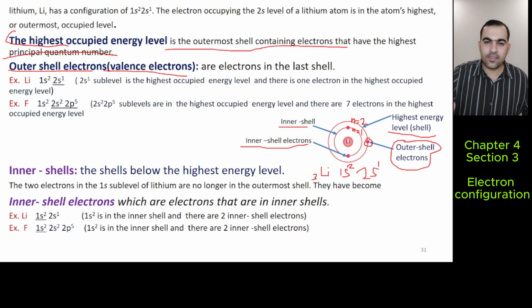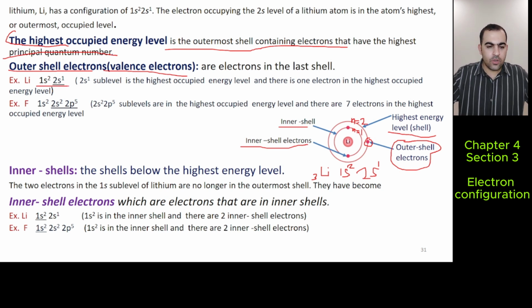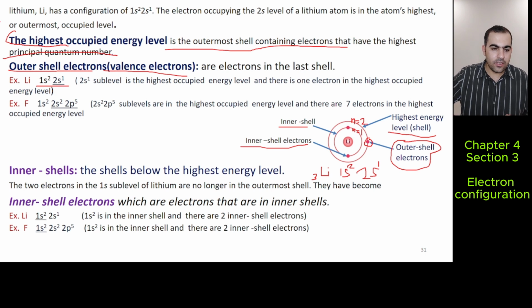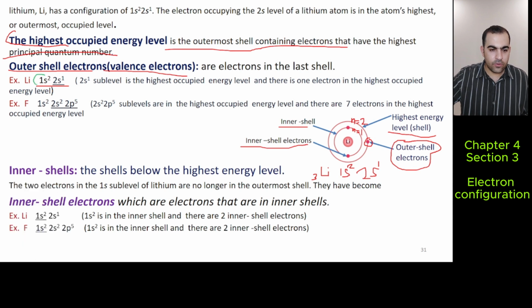So I think that way is easy, but in the exam, I'm going to give you the electron configuration. Like here, lithium is 1s2, 2s1. So which sublevel is in the highest principal quantum number, in the last shell? How do you know which shell it's in?